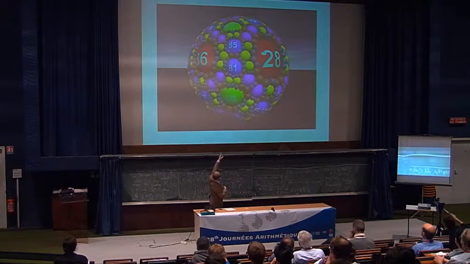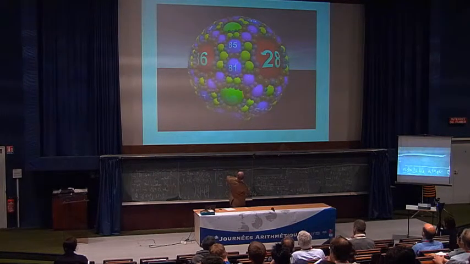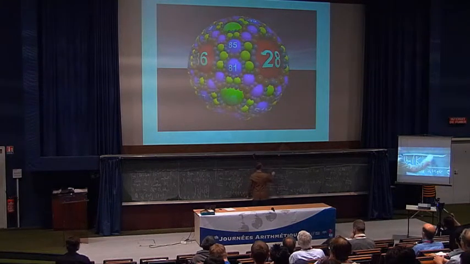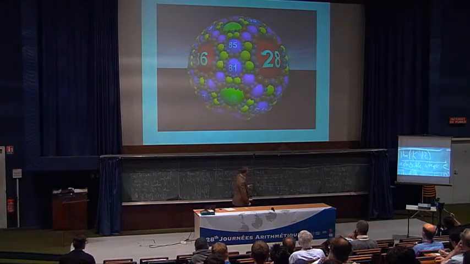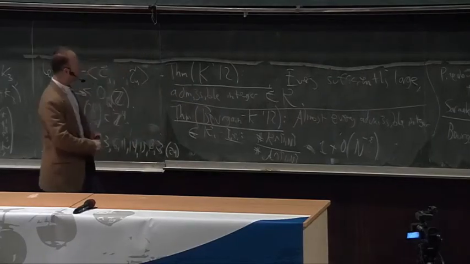It turns out admissible here is just a condition mod 3. You can have 0 and 1 mod 3, or you can have 0 and 2 mod 3, depending on who you start with. I guess here we have 0 and 1 mod 3. And so this is a theorem of mine from last year. For sphere packings, every sufficiently large admissible integer will arise.